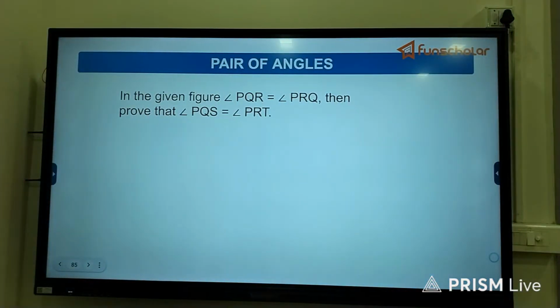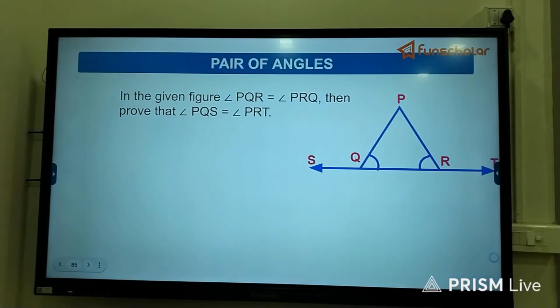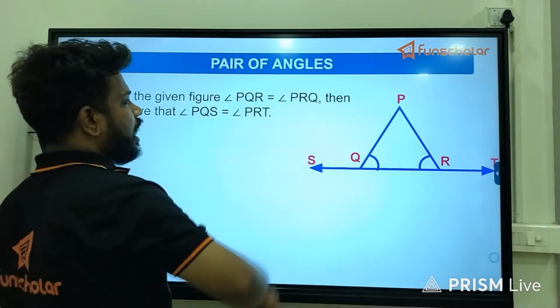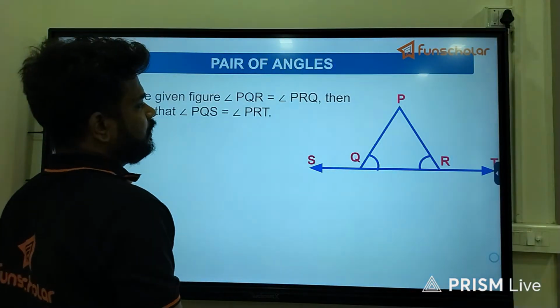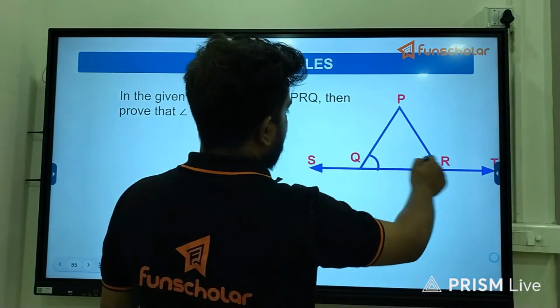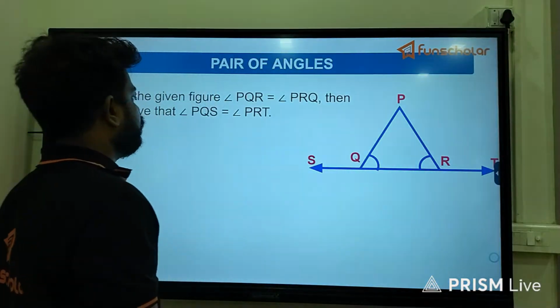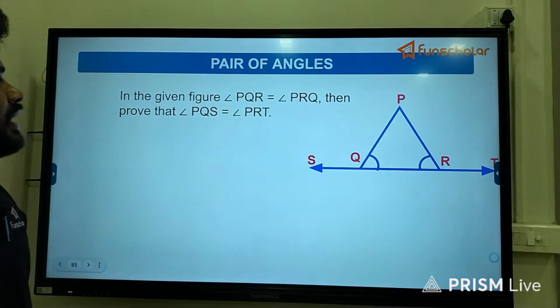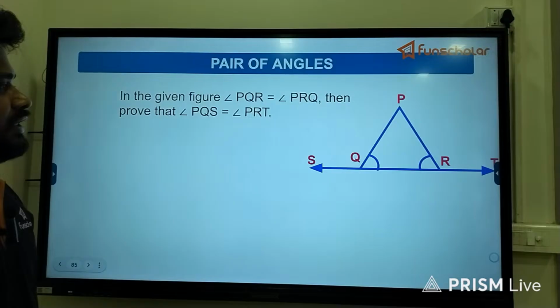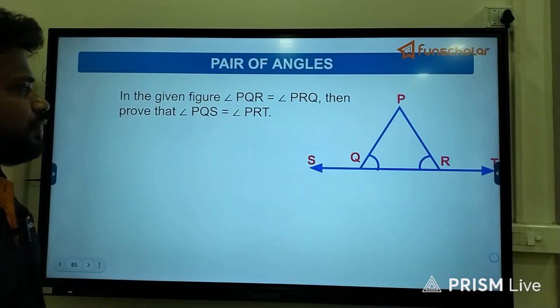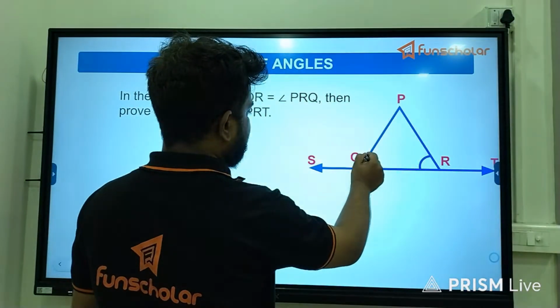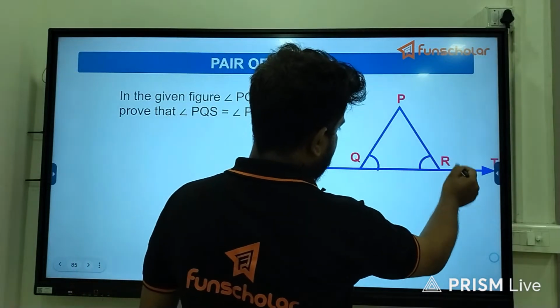Next, in the given figure, PQR is equal to PRQ, then prove that PQS equals PRT. So this will be a linear pair and this is also a linear pair.